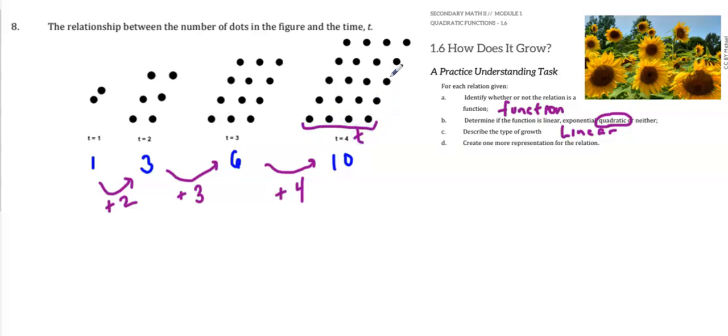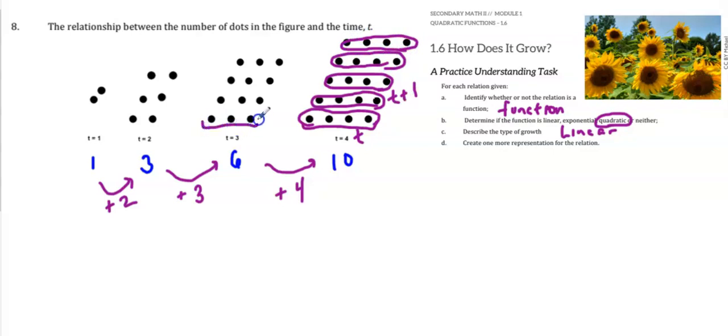And I have 1, 2, 3, 4, 5 rows, so I have t plus 1 groups of t. So there's one group of t, another, that's 3, 4, one more group, then t.